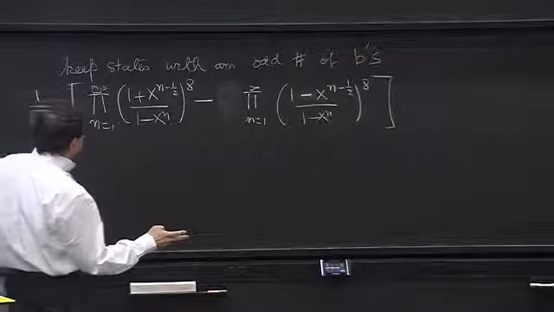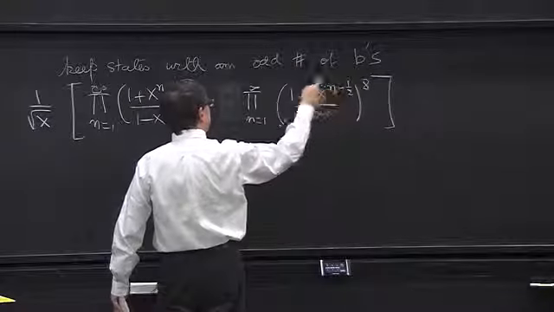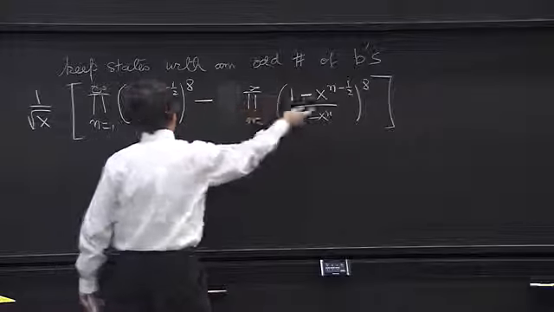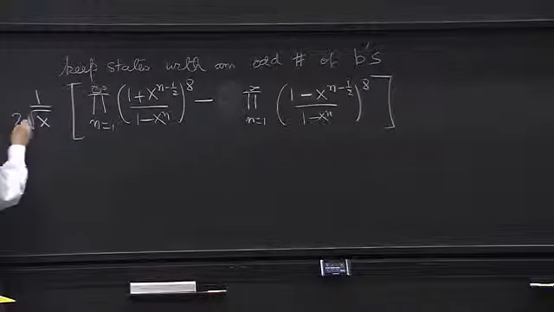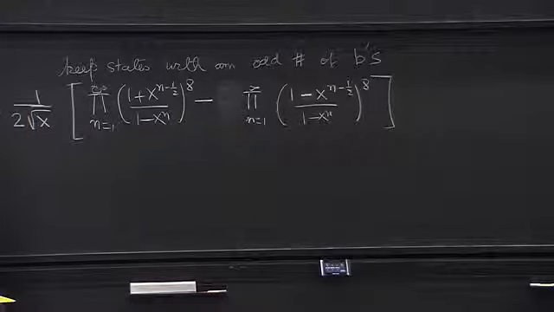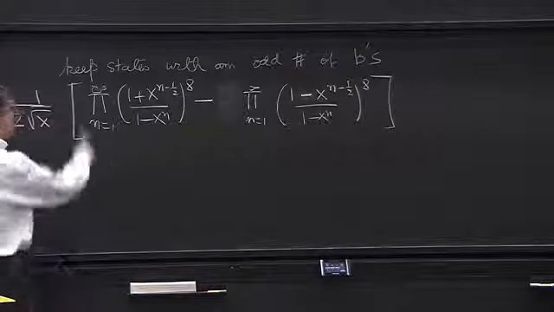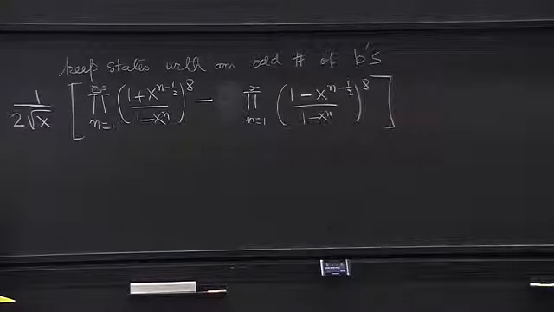And now the ones with an odd number of x's that get an extra minus sign from here will add to the ones in here, so I get twice as many. So I must put a 2 here. And the ones with an even number of b's will cancel out. So this is the new generating function for NS plus.